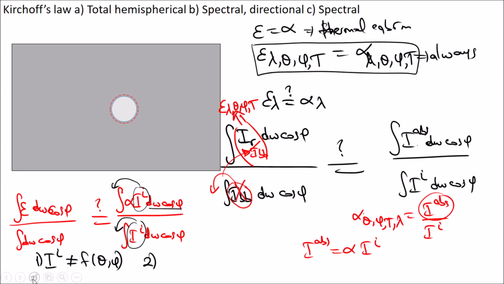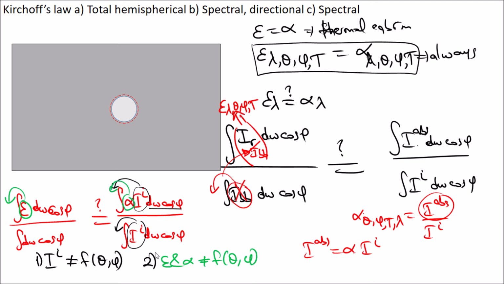For the second condition, let me use another color. If alpha and epsilon are independent of the directions, then I can bring them in front of the integral, then this term becomes 1 and this term becomes 1, and they are equal to each other. So it means that epsilon and alpha are not functions of theta and phi.